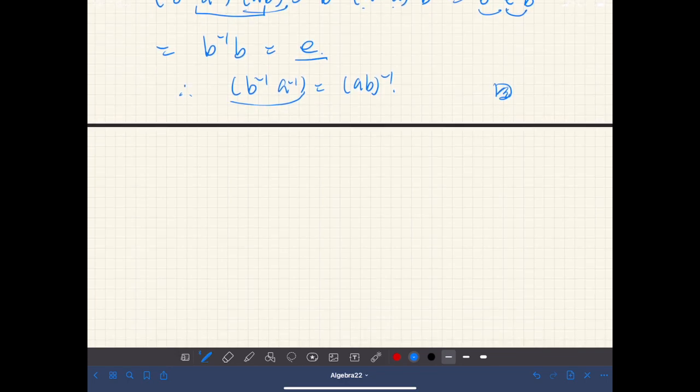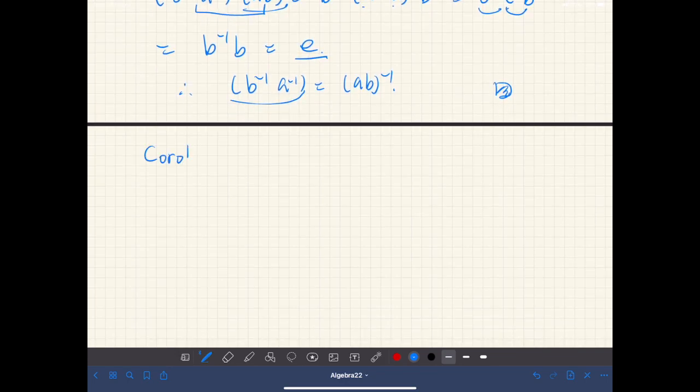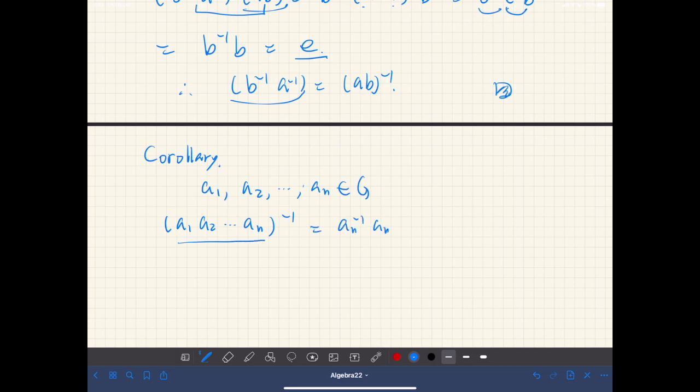And as a corollary to this theorem, we have this. If we have n elements from the group G, if all of these are elements of G, then the inverse of their product, A1 times A2 times and so on up to AN, is AN inverse, AN minus 1 inverse, and so on, A2 inverse, A1 inverse.